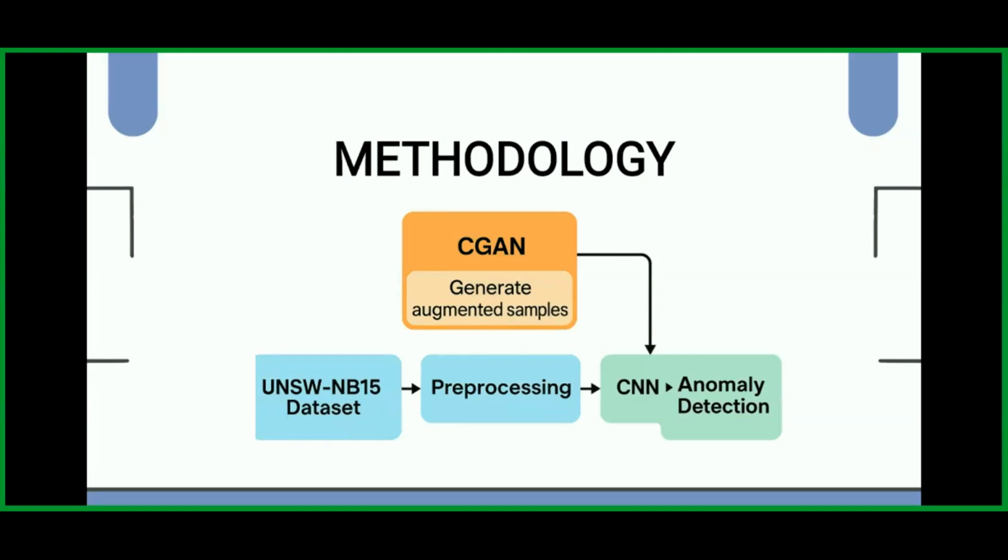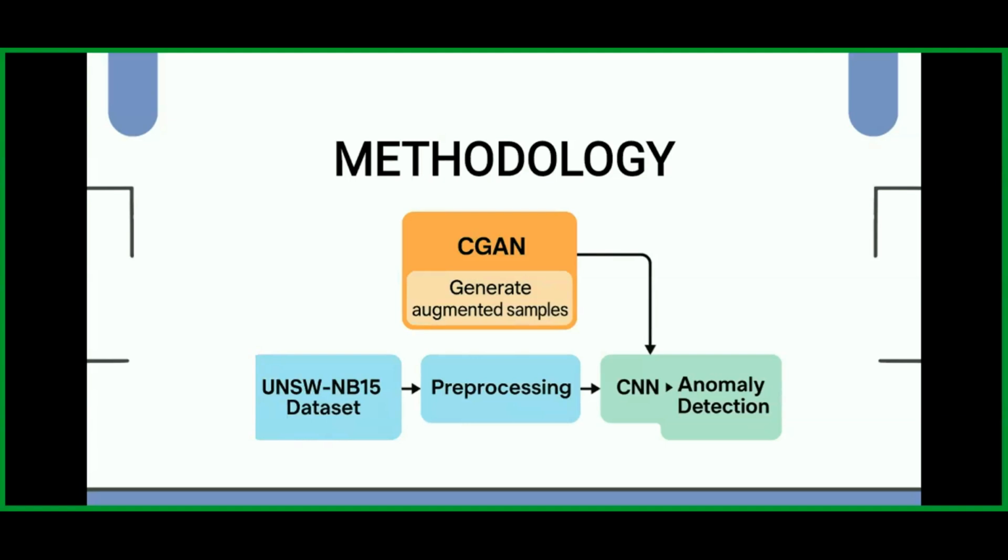Then we applied CNN for anomaly detection, intrusion detection. There are two inputs to the CNN. One was the augmented data generated by the CGAN, and the other was the dataset, which is publicly available on the university website. We pre-process the data and give it to the CNN.